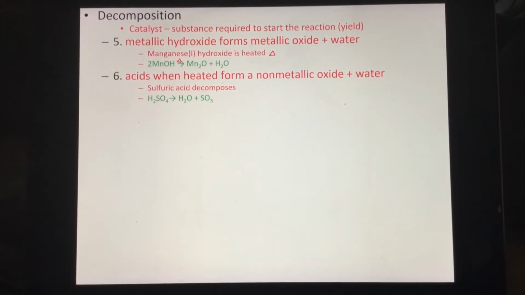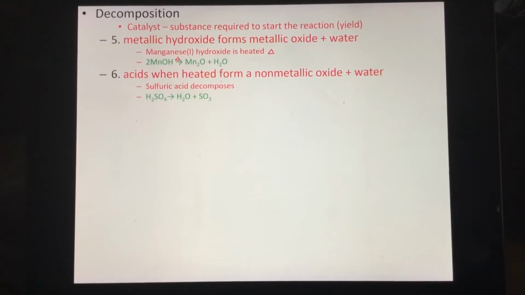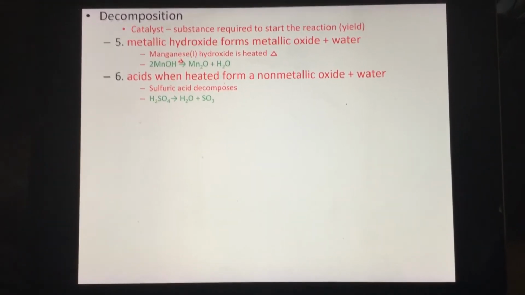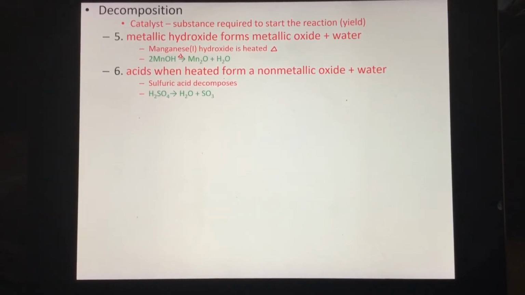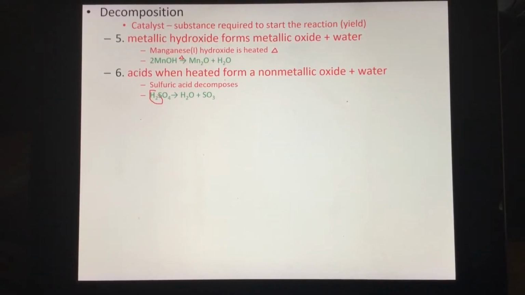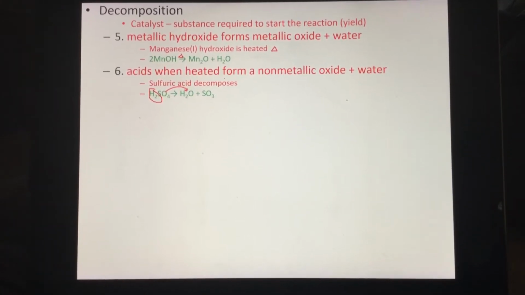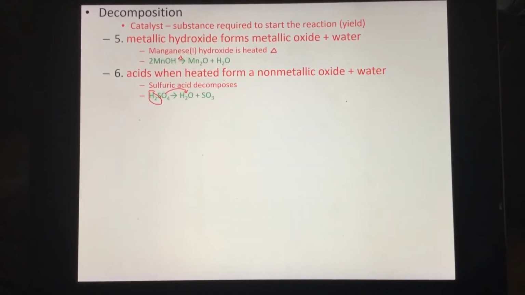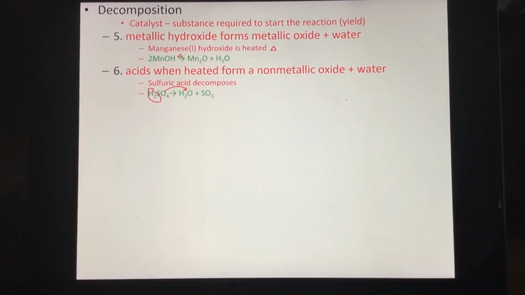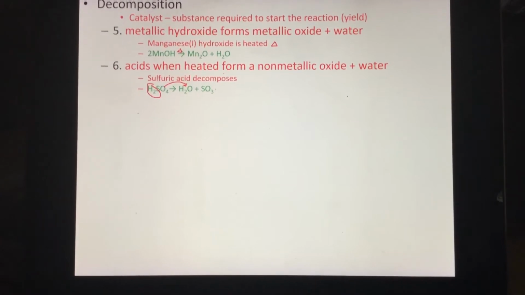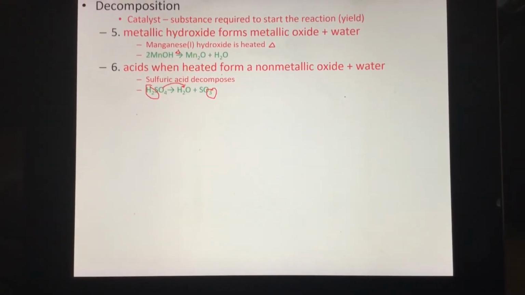Here we can just take the water out of the acid, and so I just took the two H's and one of the O's out to make the water, and then what's remaining is the sulfur and 3 oxygens, to give us sulfur trioxide for our product.